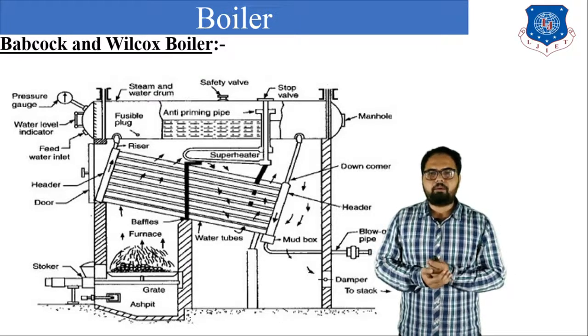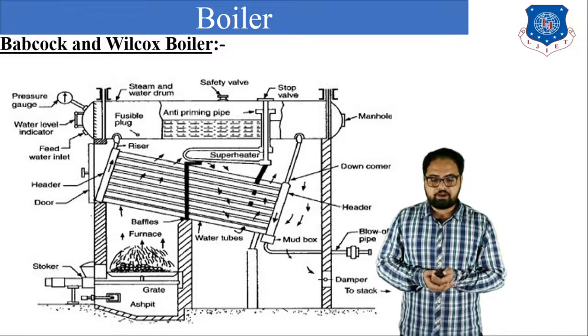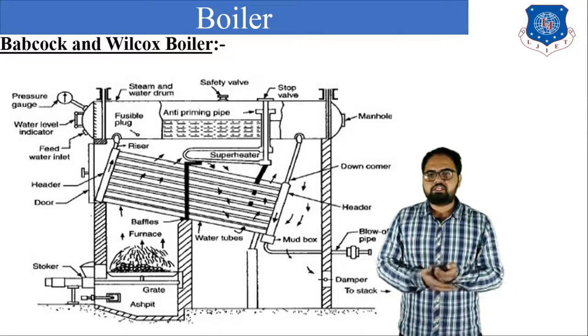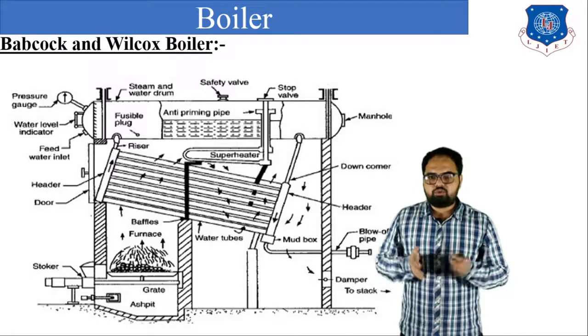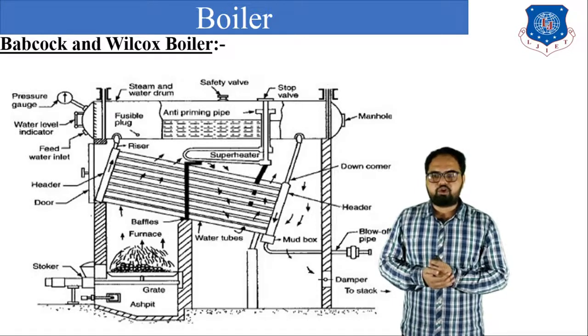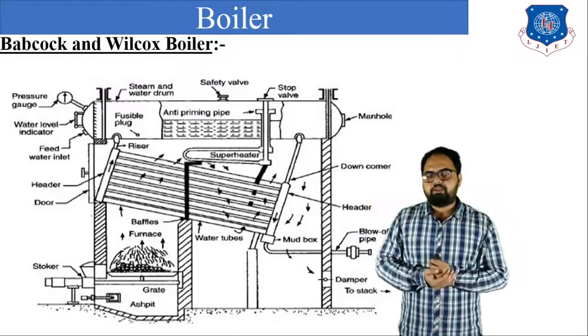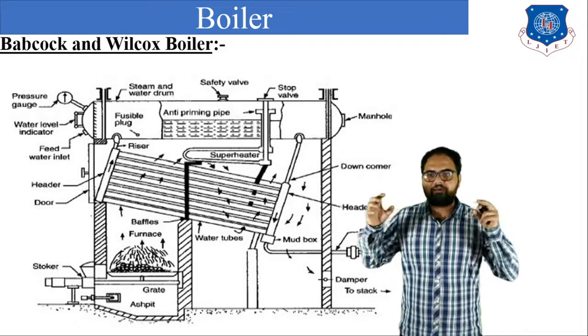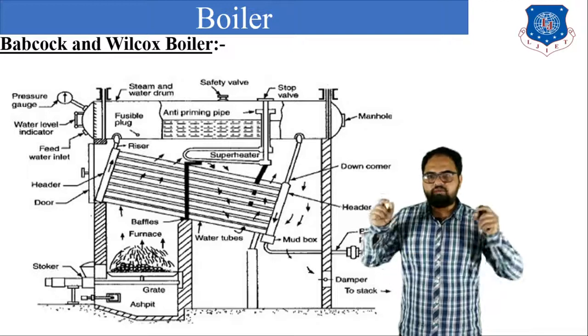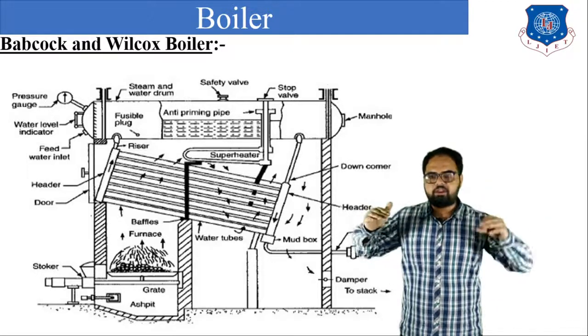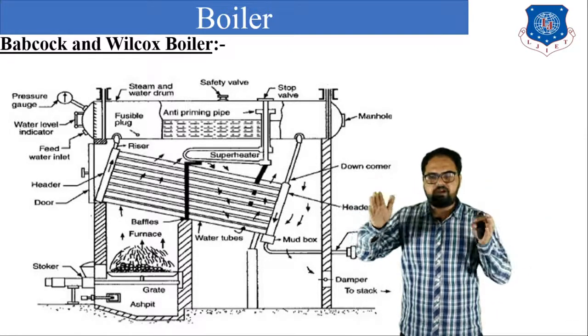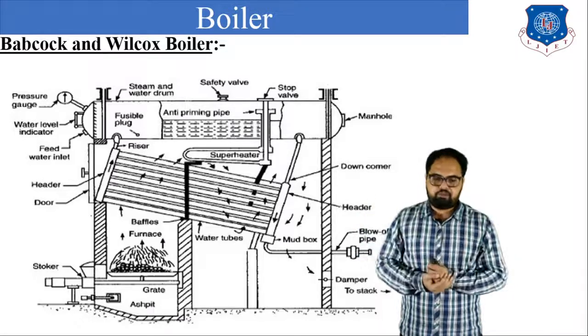So this is all about the construction of the Babcock and Wilcox boiler. Let's discuss the working of this boiler. During starting of this boiler, first of all, the whole cylindrical drum is completely filled with water. After the completion of this process, both valves are opened, and due to that, all the water fills inside the water tubes.